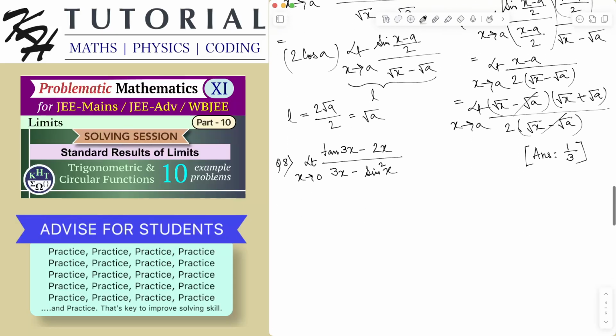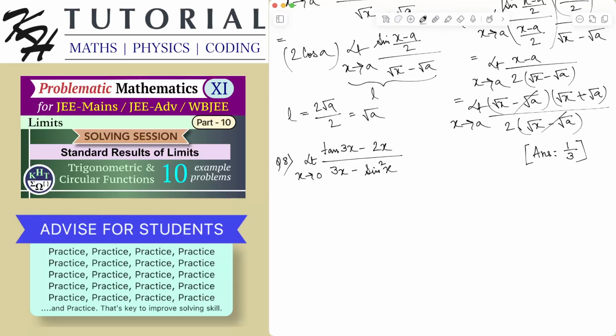Let's see the next problem. Tan 3x minus 2x divided by 3x minus sine square x when x tending to 0. In this type of problem, the way we solve is, we will take x as a factor from both the numerator and the denominator, and we get x multiplied by tan 3x by x minus 2, divided by x multiplied by 3 minus sine square x by x.